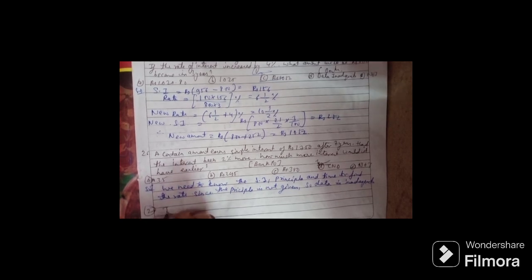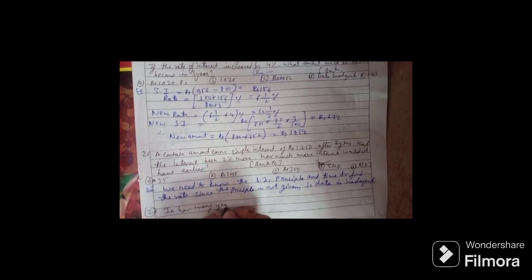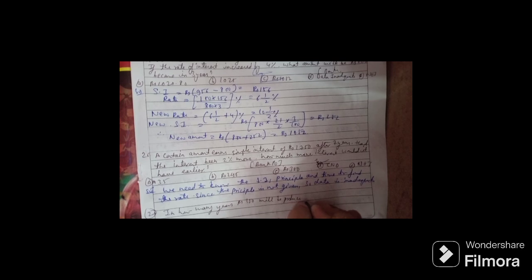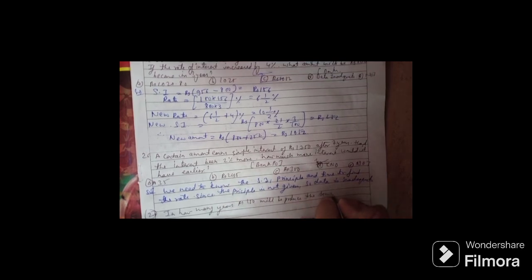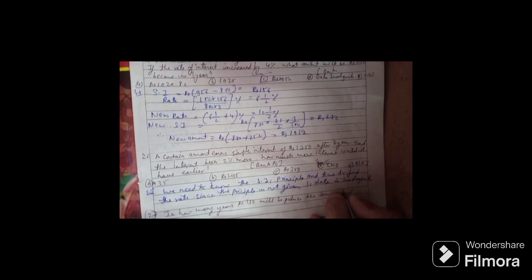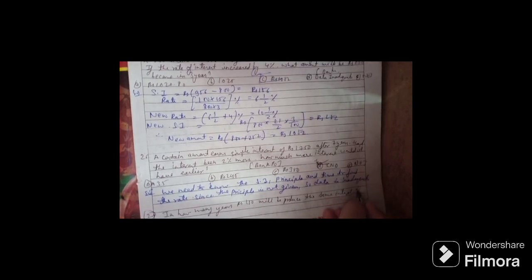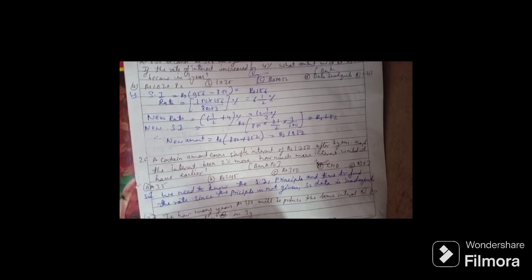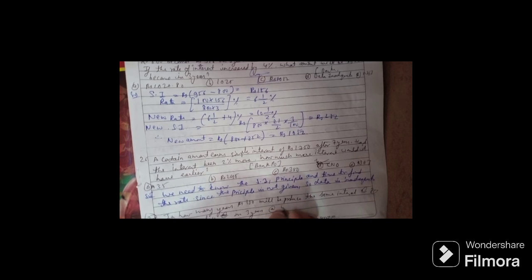The question is, in how many years will rupees 150 produce the same interest at the rate of 8% as rupees 800 produces in 3 years at the rate of 4 1/2%?